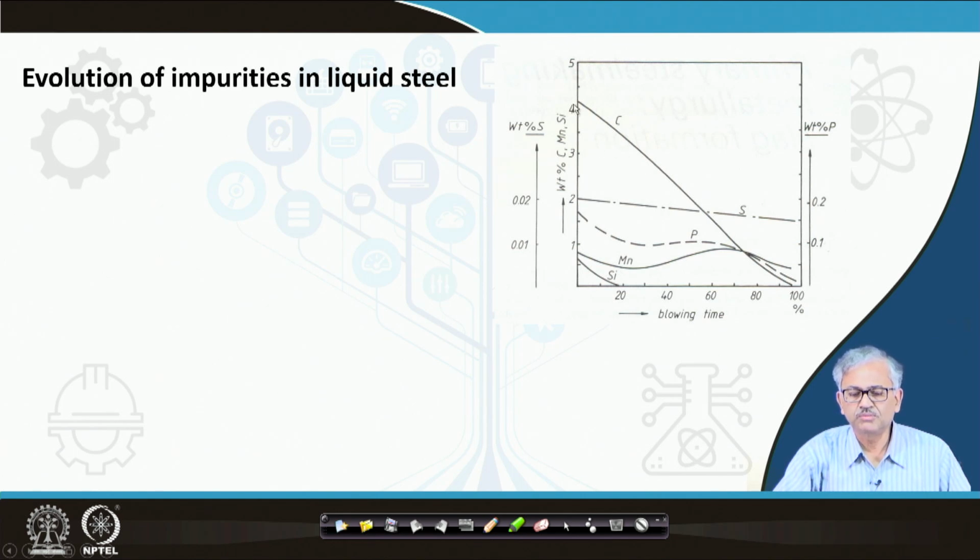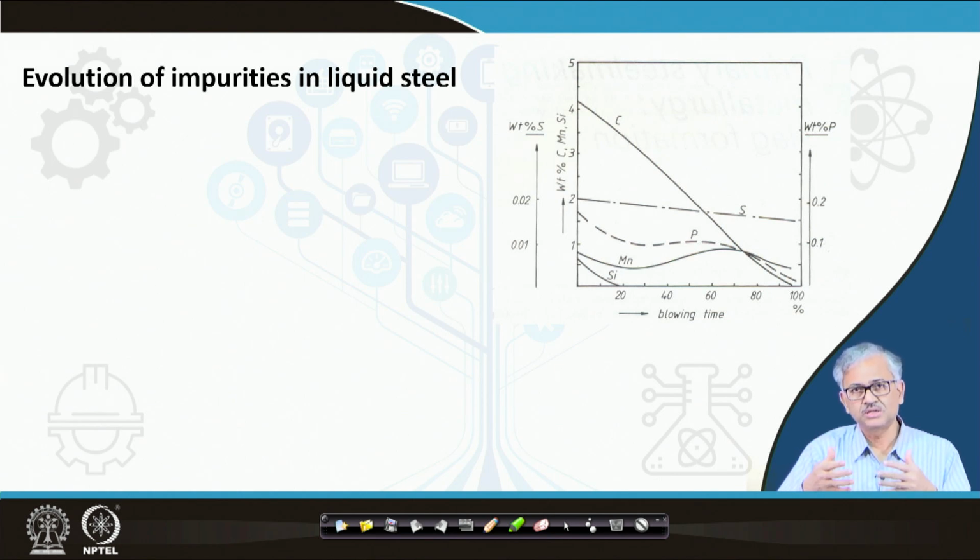You can find that carbon decreases rapidly because it is very high, 4.3%, and finally it diminishes around 100% of blowing time. Silicon depletes the fastest because, as you know, silicon forms a very stable oxide, and its potential for formation of silicon oxide is very high.